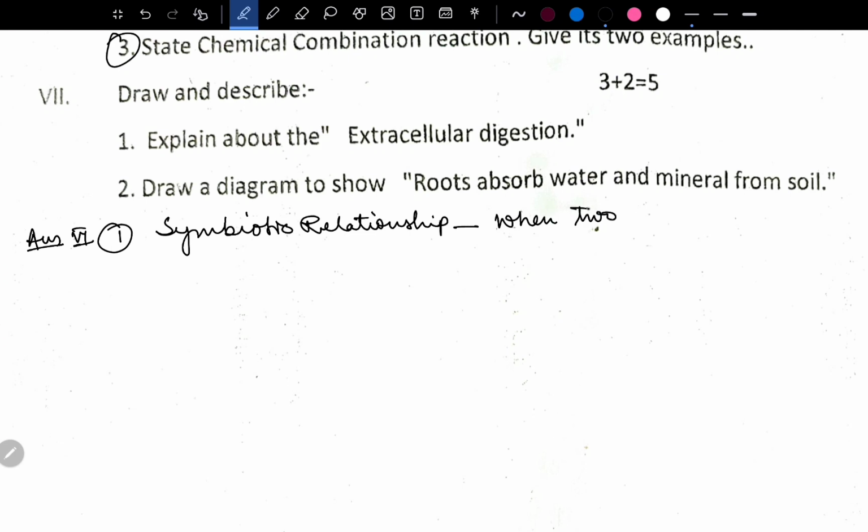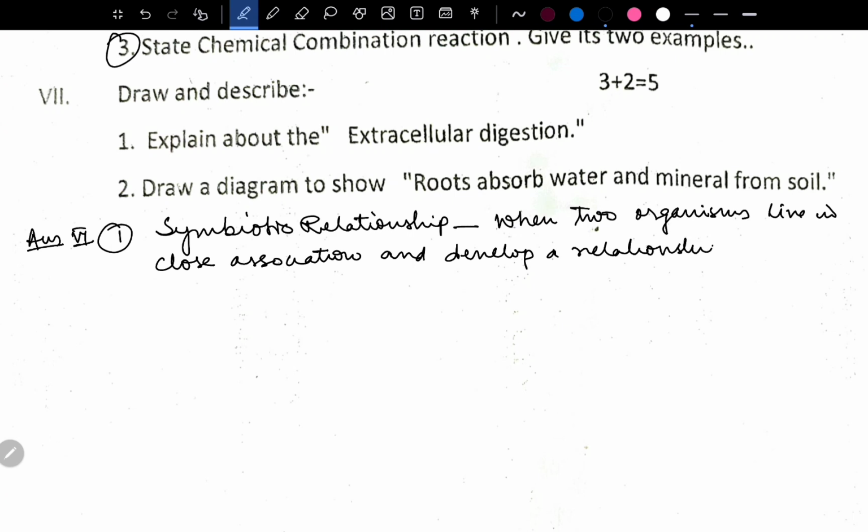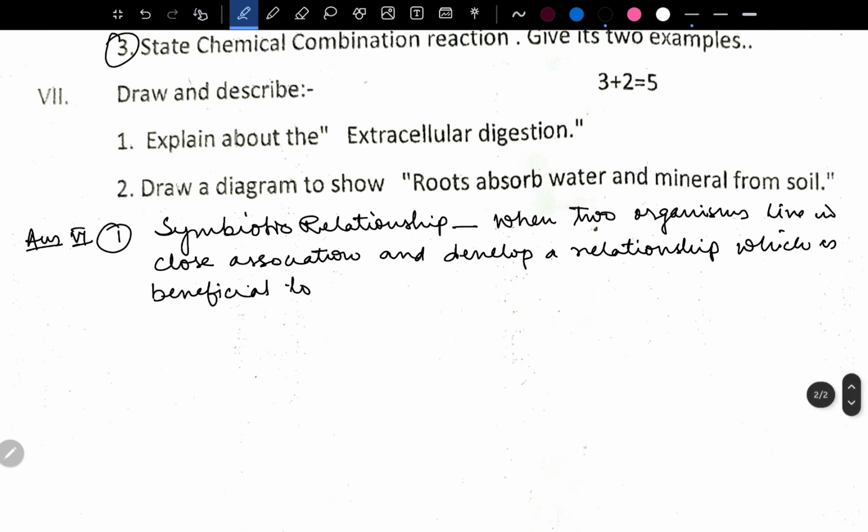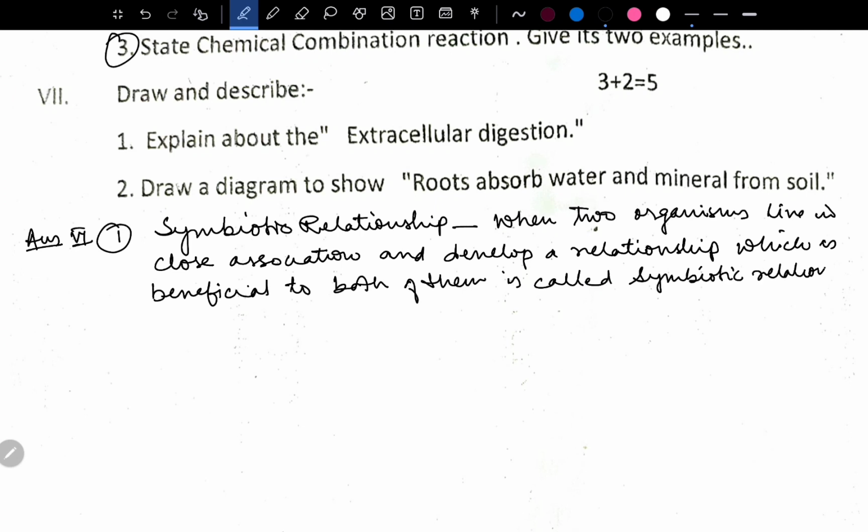So when two organisms live in close association and develop a relationship which is beneficial to both of them, is called symbiotic relationship. Stop.